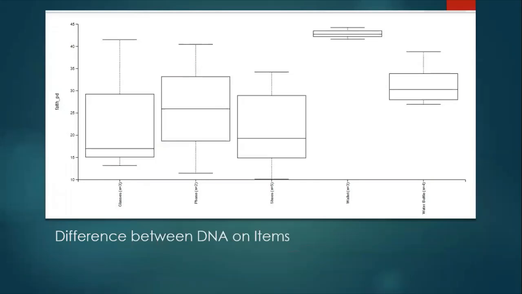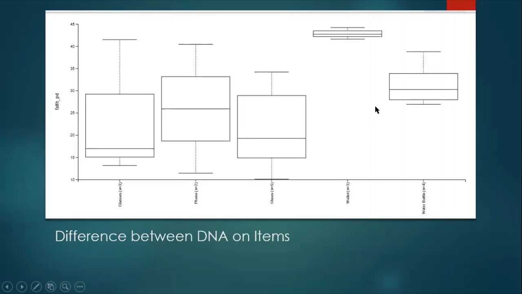Okay, next what we're looking at here is the difference between DNA, so the abundance, on the items. So the 5 items mentioned: the glasses, phone, shoes, wallet, and water bottle. Now what immediately stands out on this graph is that the wallet is much smaller, so smaller standard deviation, but also it is far away from everything else.